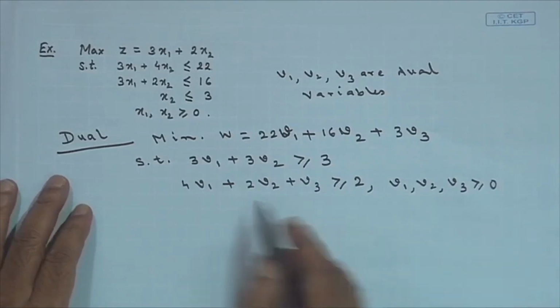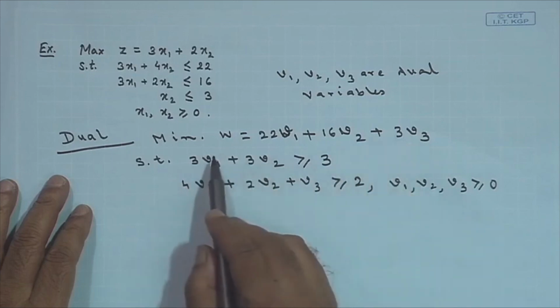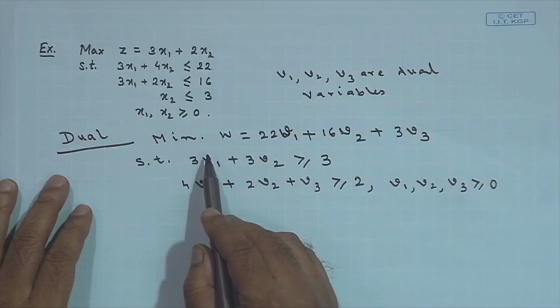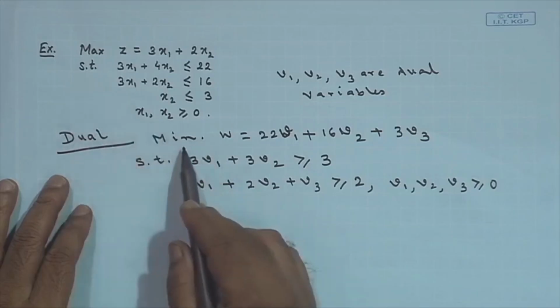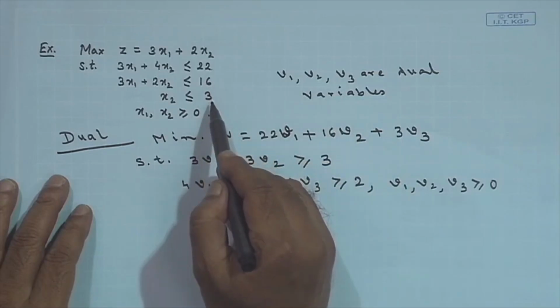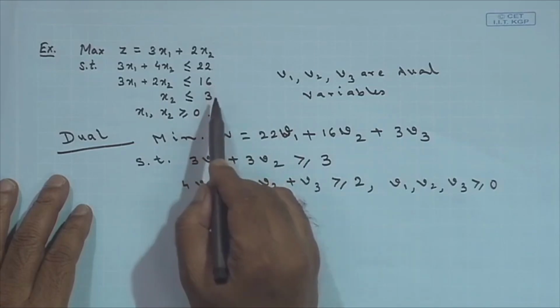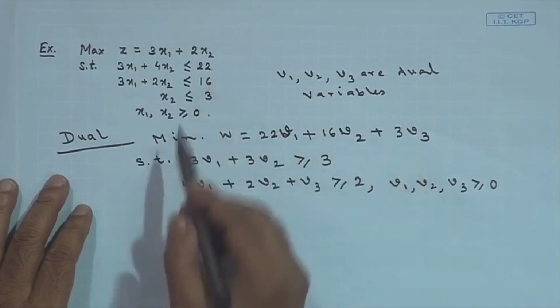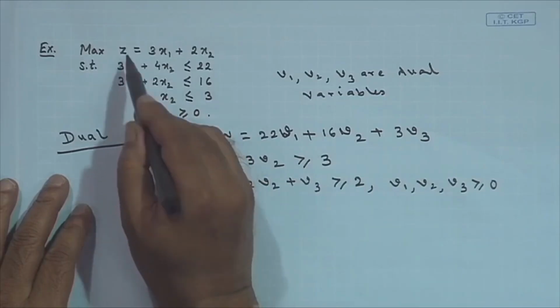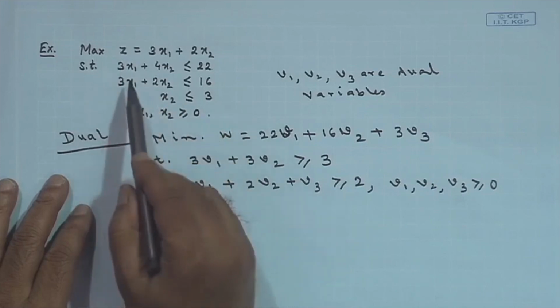So, the dual of this original problem is this one. I hope it is clear that whenever you take the dual problem, the maximization problem will be converted to minimization, minimize W equals. How many variables will be there? It depends on how many constraints you have. Since you have 3 constraints, I am writing 22 V1 plus 16 V2 plus 3 V3, subject to, for the first column of the constraints you take the coefficients: 3 V1 plus 3 V2.